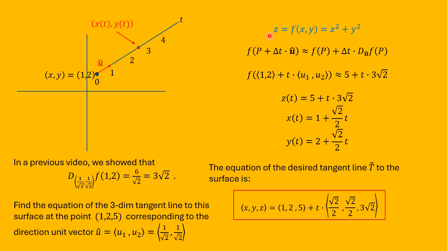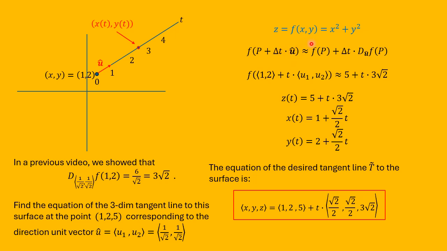Okay, so we have that z equals f(x, y) equals x squared plus y squared. We have this formula for approximating f at the point P in the two-dimensional plane plus a little bit of an increment delta t times a unit vector u.